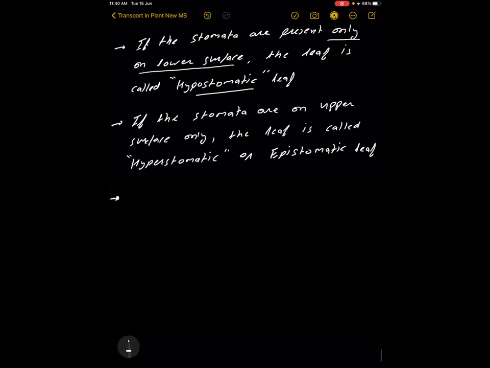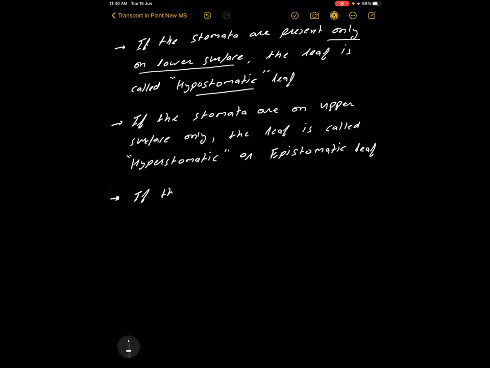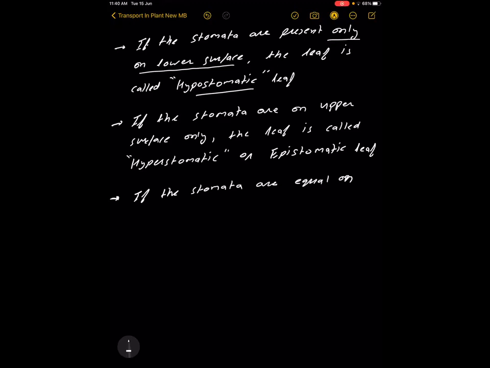Next, if the stomata are equal on both surfaces, the leaf is called amphistomatic leaf.